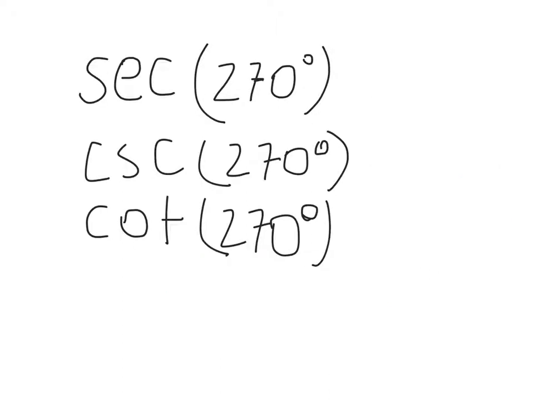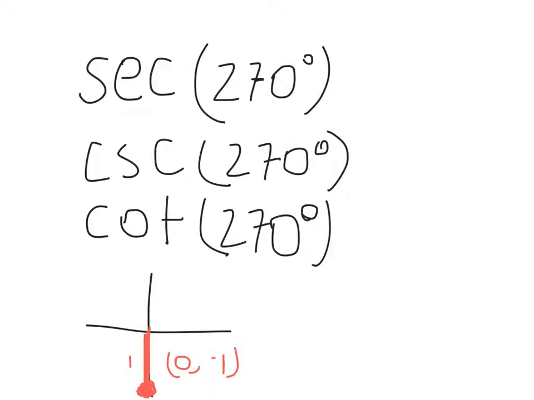For one last example, let's do the secant, cosecant, and cotangent for 270 degrees. Once again, I'm going to draw the rotation. 270 degrees is straight down on the negative y-axis, and since we have a unit circle with a radius of 1, the coordinates of the terminal point are 0, -1.